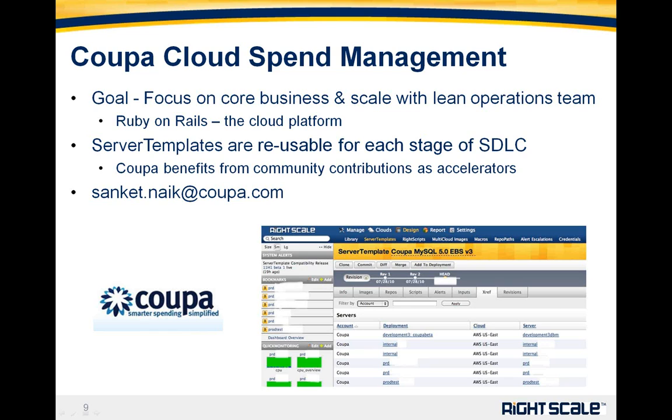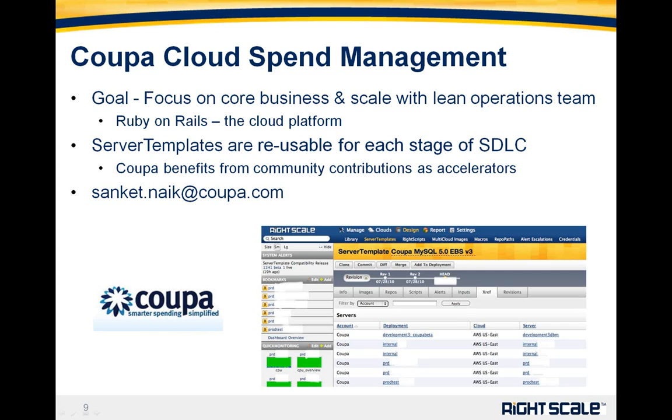We take this template, add some custom RightScripts, and we also customize some of the inputs specific to our environment. So we can actually deploy our application from scratch on the Amazon cloud in a matter of hours.